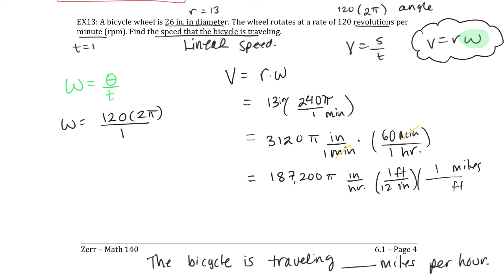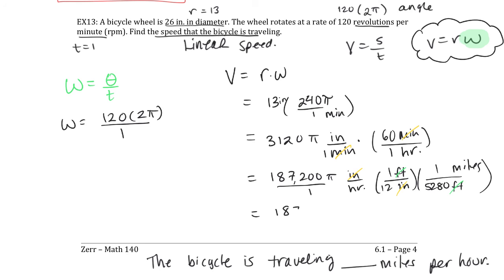So I want my inches to cancel, and then I also want my feet to cancel. 1 mile is the same thing as 5,280 feet, and if you don't know those conversions, you can just look it up. How many feet are in a mile? Then we'll just work that out.